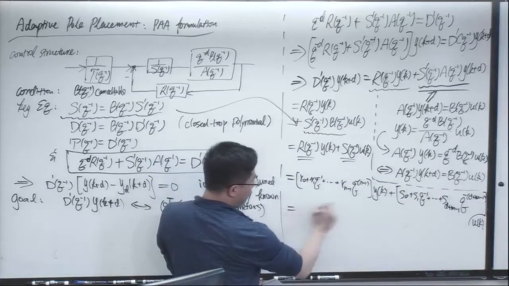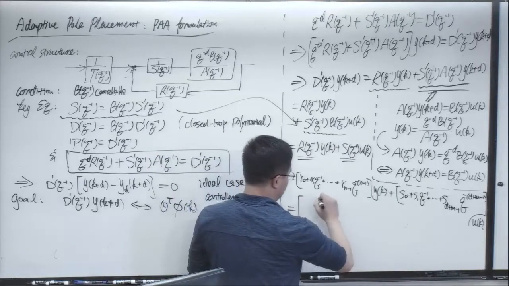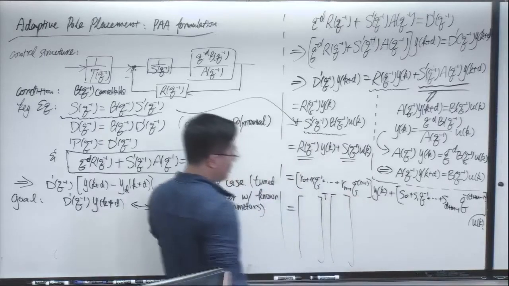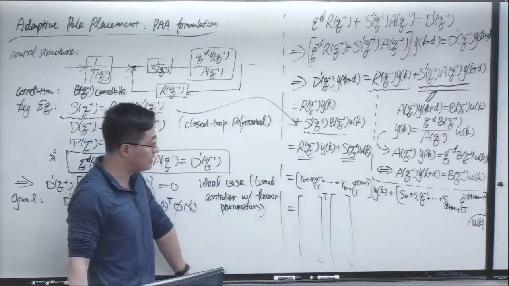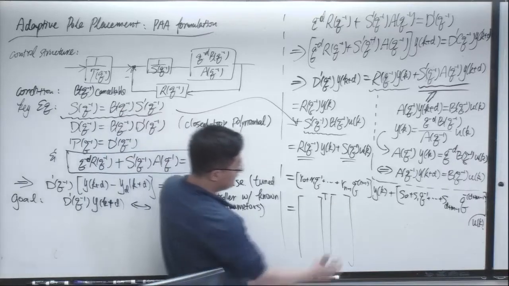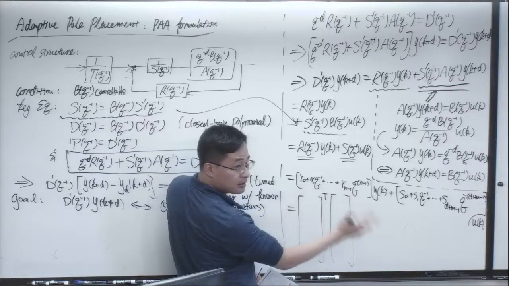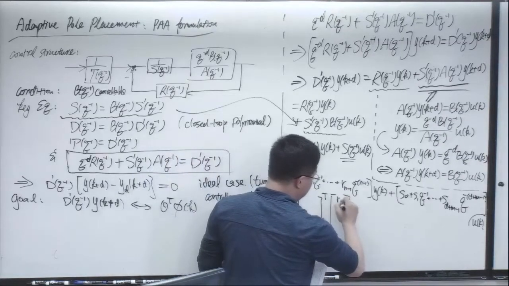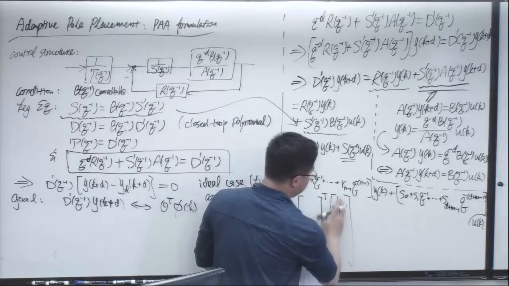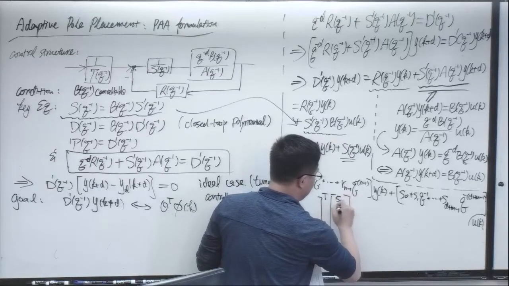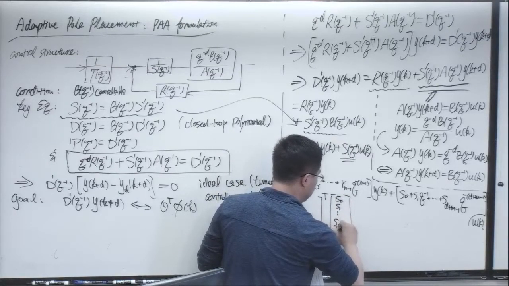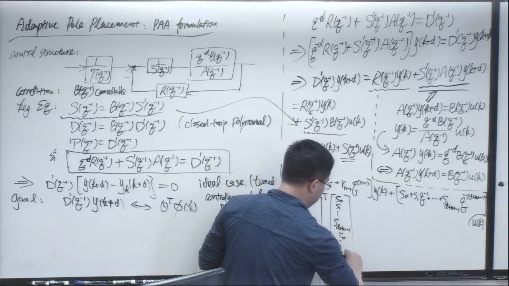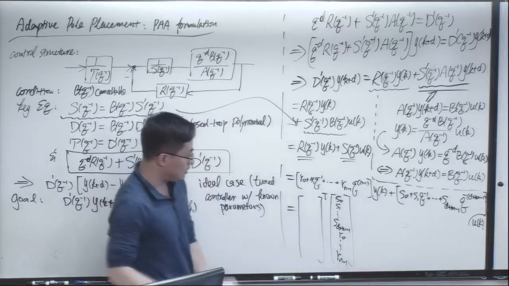So we can write it in a vector form, some phi times this unknown parameter of the controller that we want to design. The controller parameters that we don't know yet, this is what we're going to design. I'm going to put S first: S0, S1, up to S D plus M minus 1, then R0 to Rn minus 1. So this would be our theta vector.